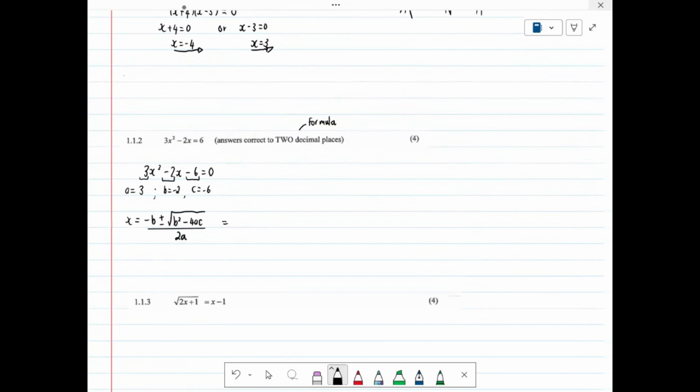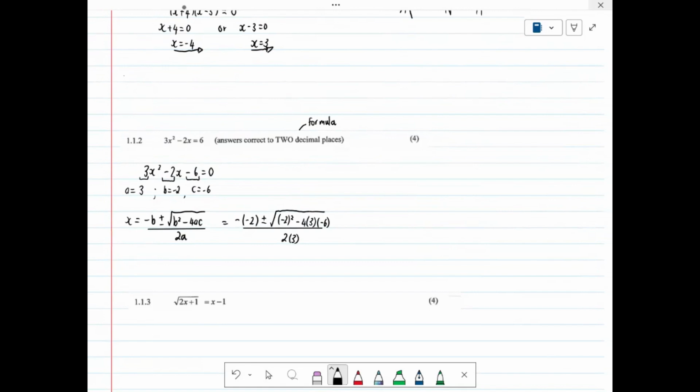So in this formula, we are then substituting in the place of minus b what b is equal to, which is minus 2, plus or minus minus 2 squared, minus 4, a is 3 and c is minus 6, all over 2 times 3.